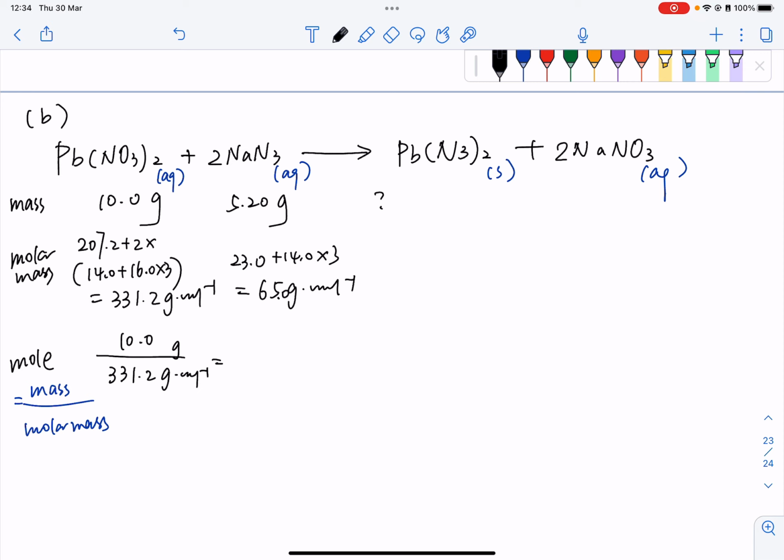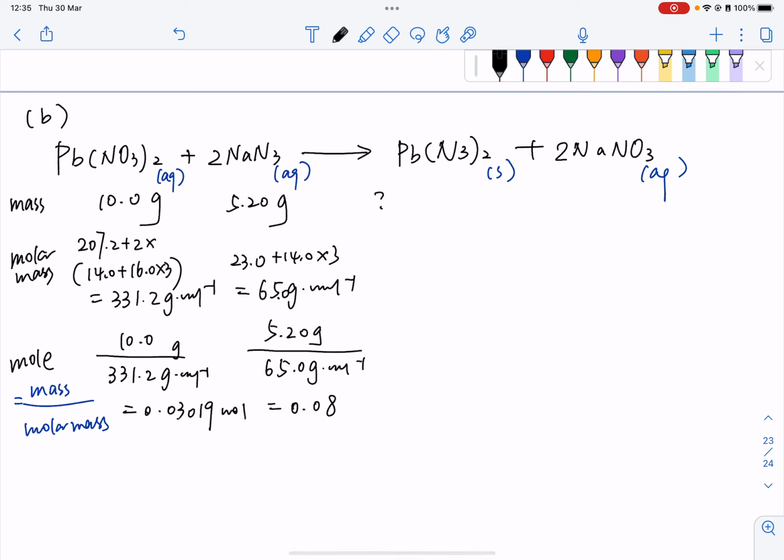The answer here should be 0.03019 mole. And then also the right one, it will be 5.20 grams divided by 65.0 grams per mole. The answer here should be 0.08. For significant figures, it would be like that.